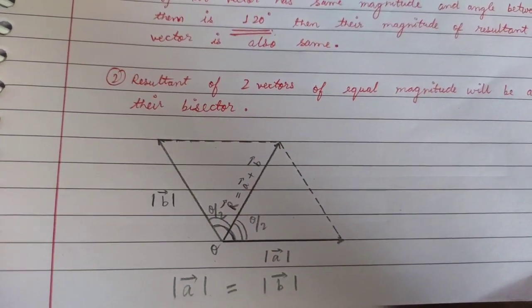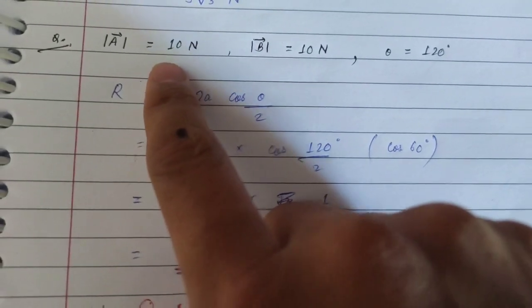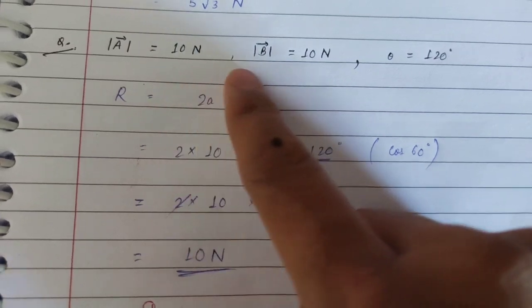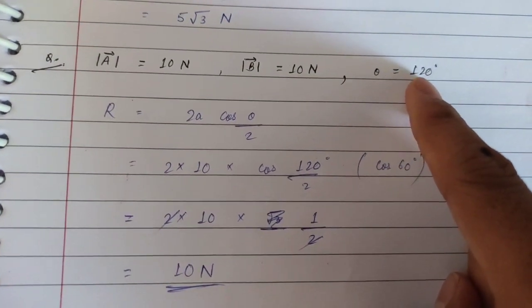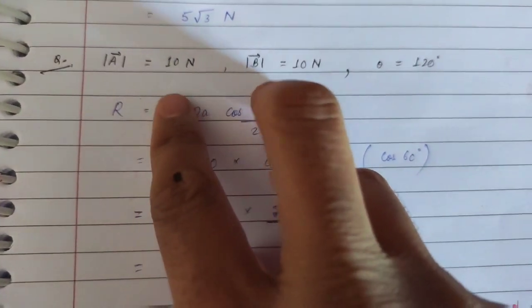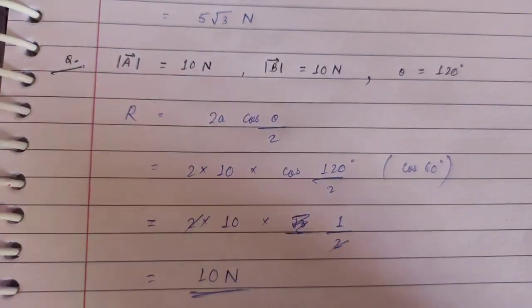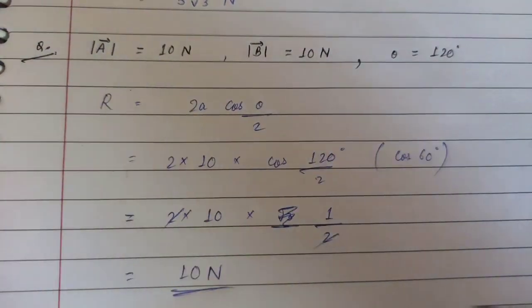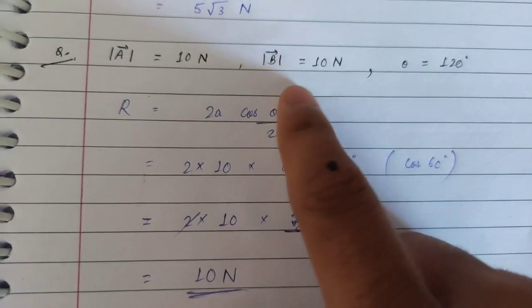Now let us see the question here. There is vector A with magnitude 10 Newton and the magnitude of vector B is also 10 Newton, and theta between them is 120 degrees. If two vectors are equal in magnitude, we use the formula R equals 2A cos theta by 2. So here A is 10 Newtons, and here it is also 10 Newtons.